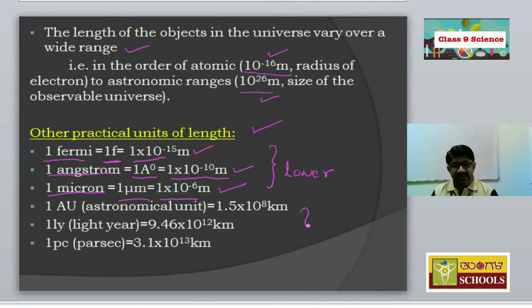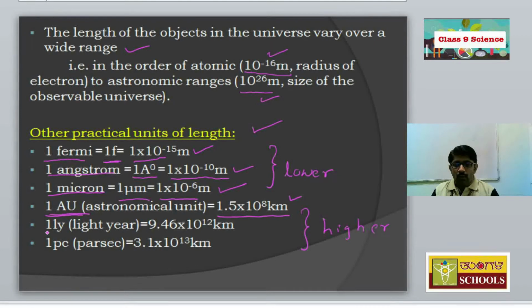Now for higher standards, we are also using some other units of length. 1 astronomical unit is equal to 1.5 into 10 to the power 8 kilometer.